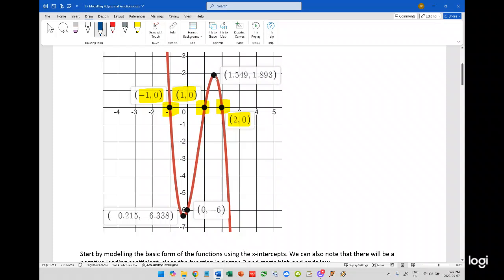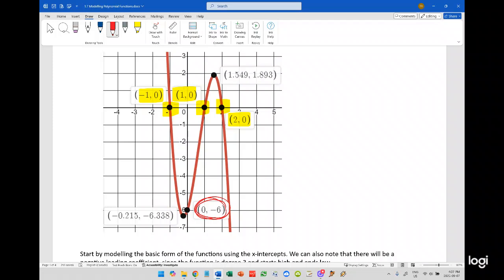And I've got the local maximum up here at (1.549, 1.893). Of those 3 points, I think it's very safe to say that the nicest one to work with would be the y-intercept, (0, -6). Nice, simple numbers to work with. So that's what I'm going to focus on.